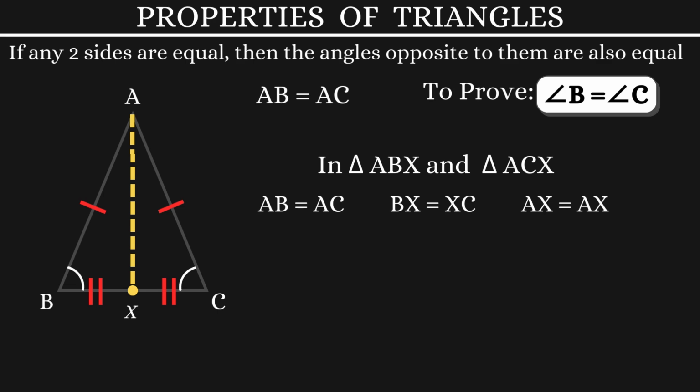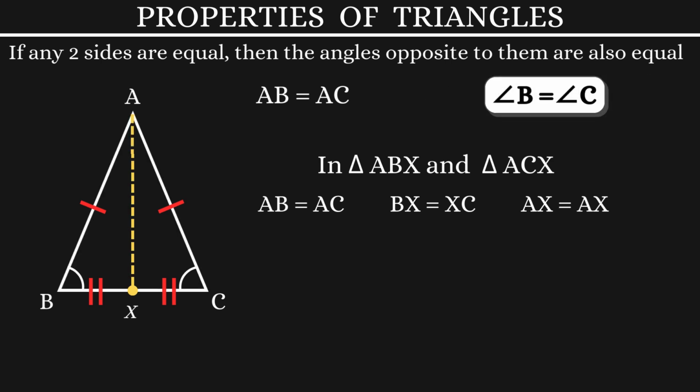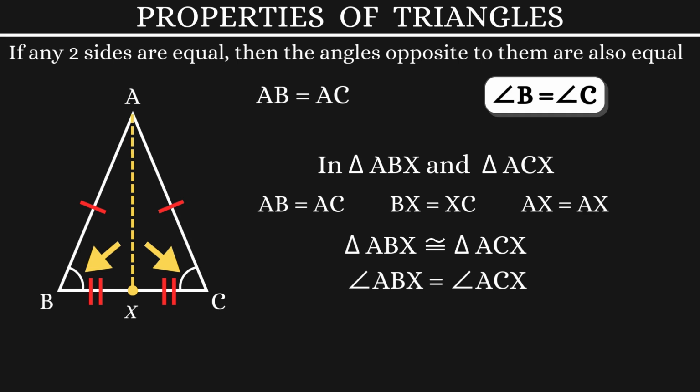So, according to SSS congruence property, we can say that these two triangles are congruent to each other. And that means the corresponding angles ABX and ACX are both equal. In other terms, angle B is equal to angle C. Thus, we have proved the property.